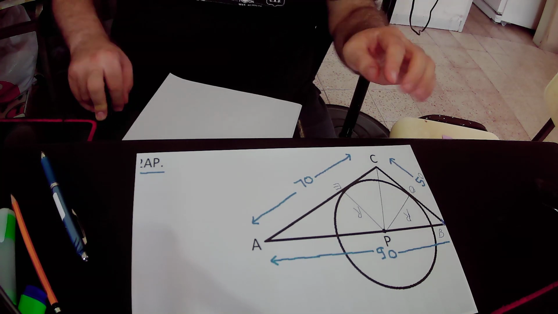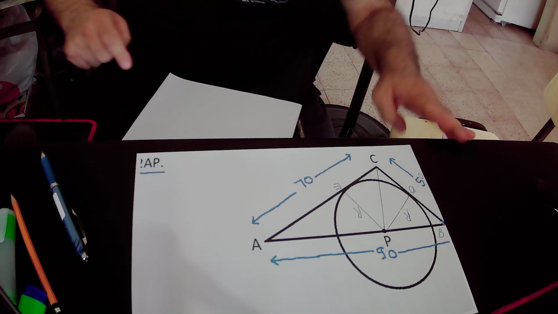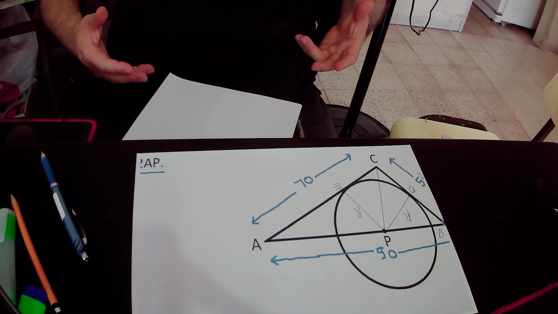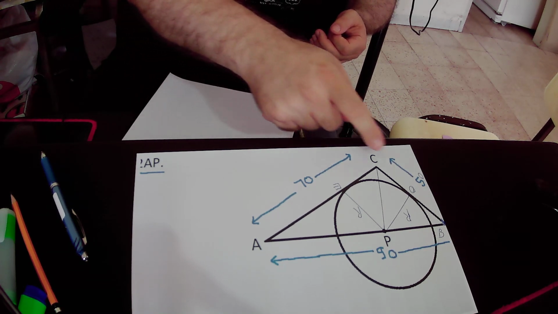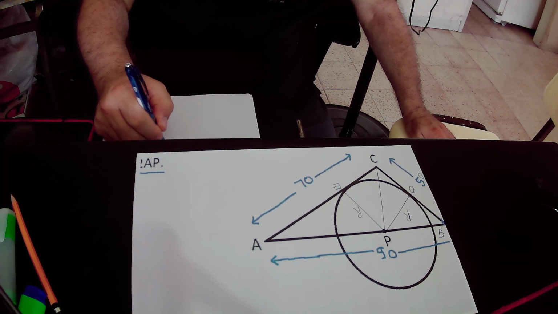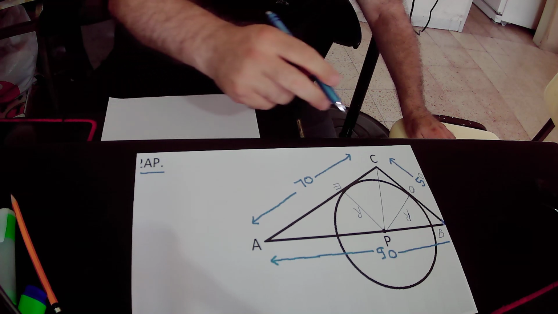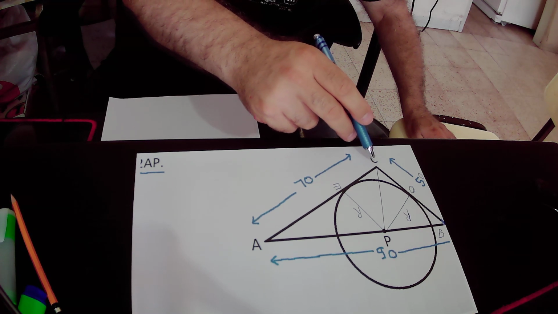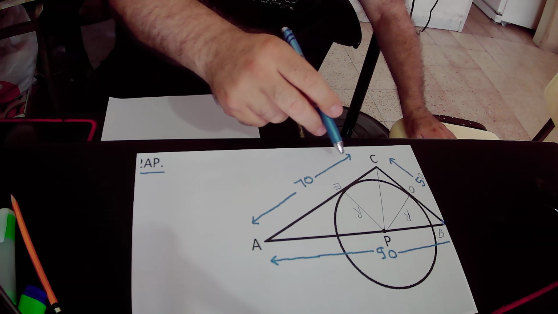And from point C we have two tangents to the circle, tangent CE and tangent CO. So according to the rule that I told you, we can deduce that CE equals CO, because you draw two tangents from an external point, that is to say point C, to the circle, so those two tangents are equal to each other.